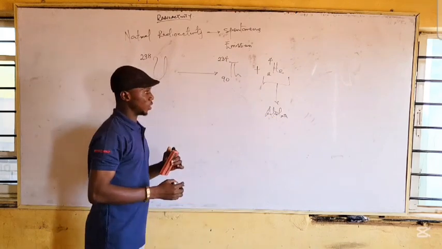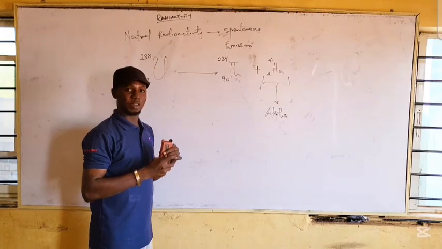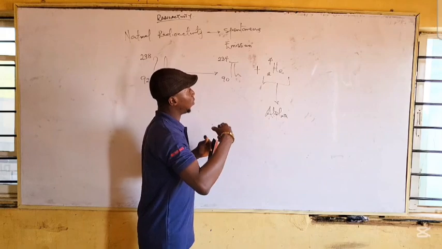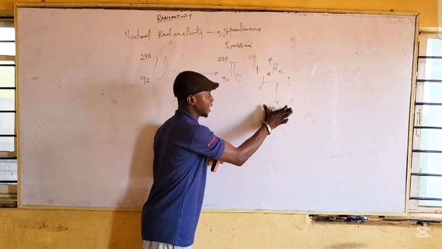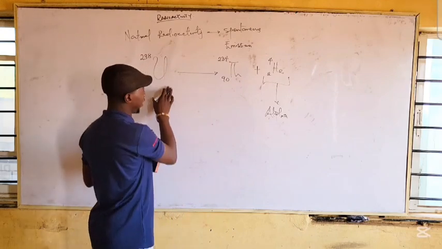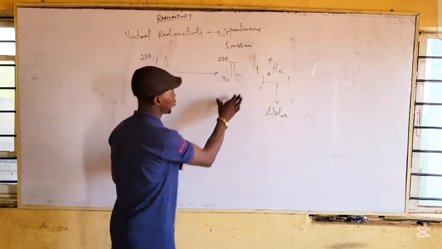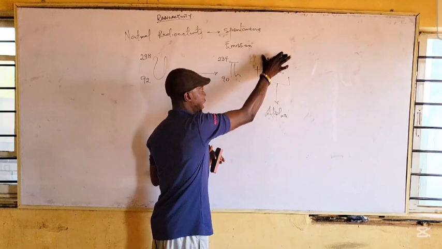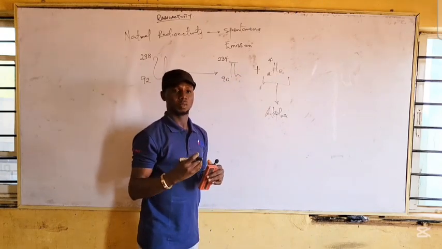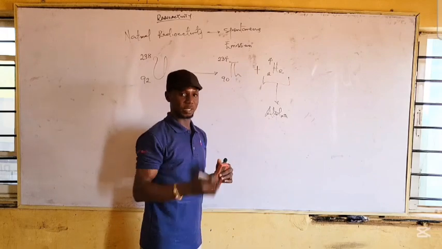Now, you will discover that we have a radioactive particle or radiation at the product side of the equation. Look at it properly. Uranium splits into thorium and helium, whereby helium is representing a type of radiation, which is alpha particle.